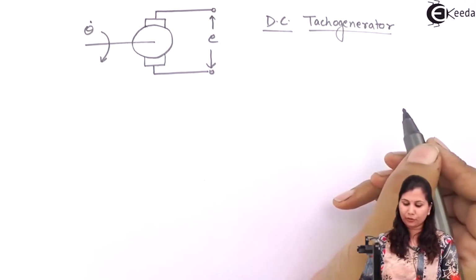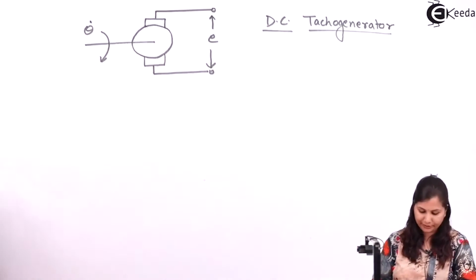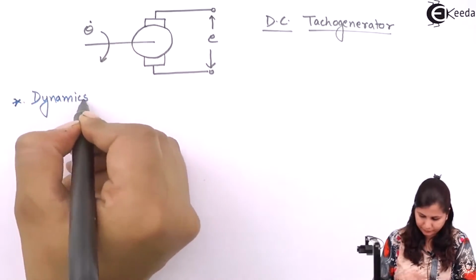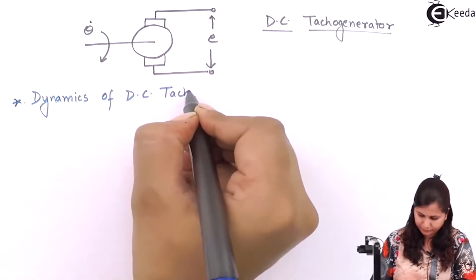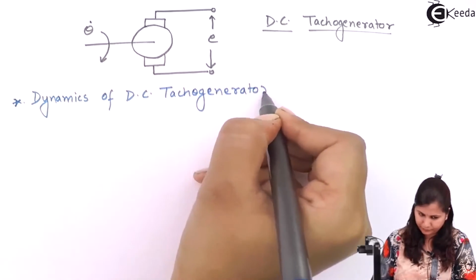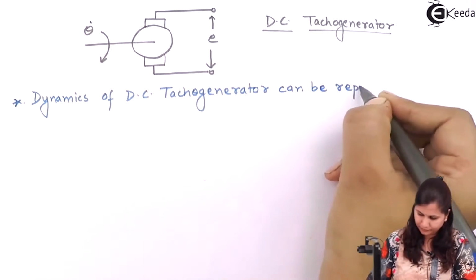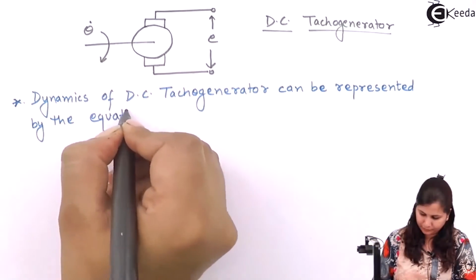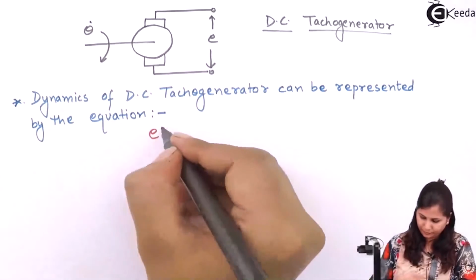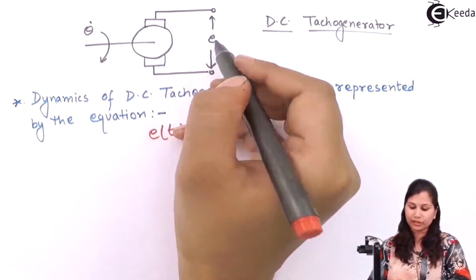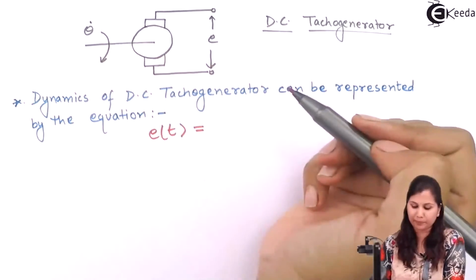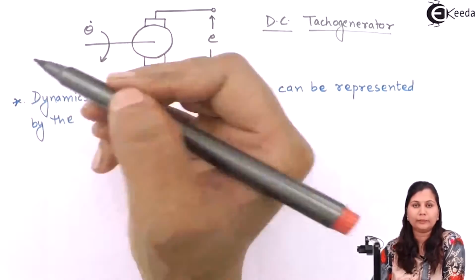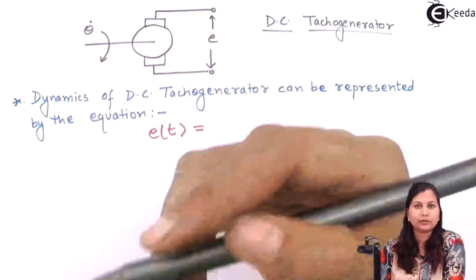Now the equation for the DC tacho generator can be written as: the output voltage is proportional to the shaft speed. Here theta is the displacement, and theta dot is the shaft or angular speed.